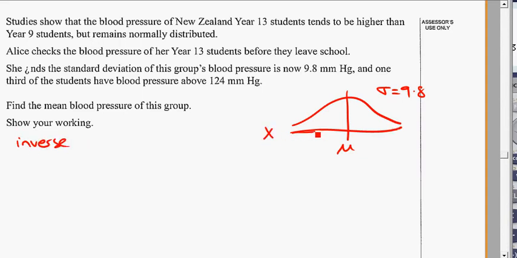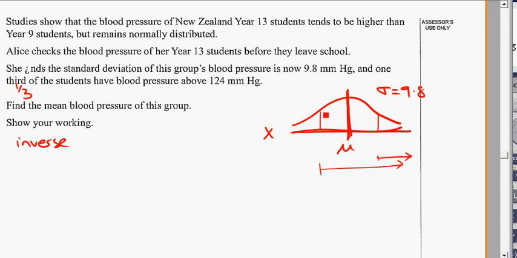These are my readings. And we're told that 1/3 have blood pressure above 124. So the question is, where is 124? Is it down here or is it down here? Probably someone is above that. Probability of students having a reading above that is 1/3. So the question is, can that area be a third, or can that area be a third? And clearly halfway, 50% would be this much.